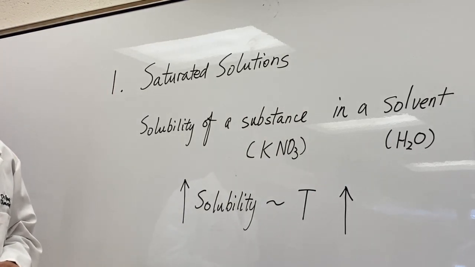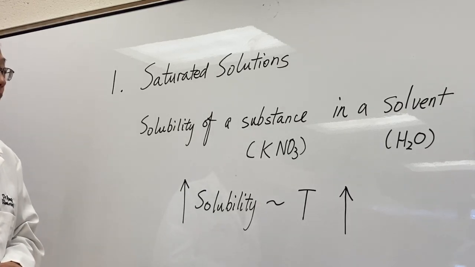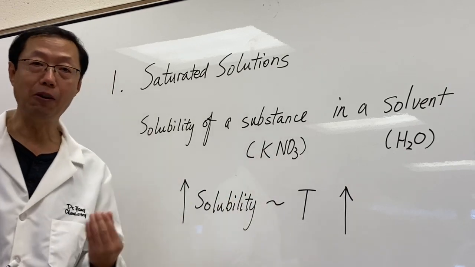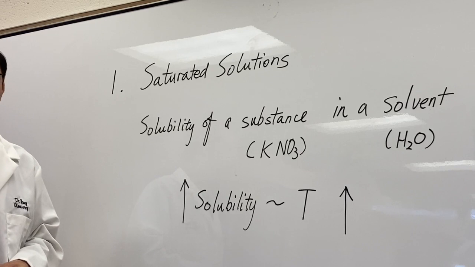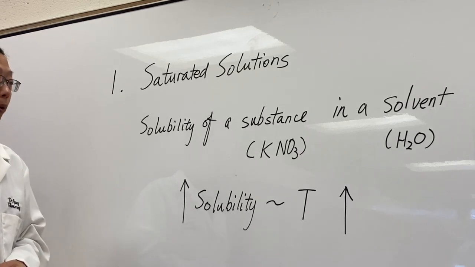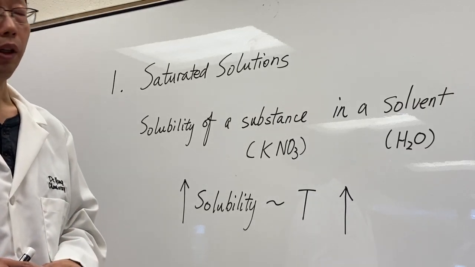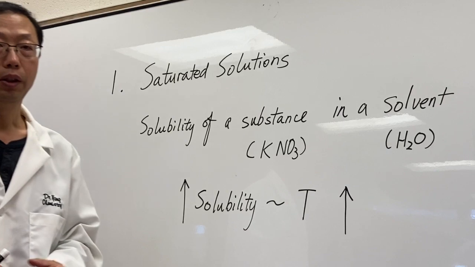After that, we're going to cool the solution down and observe if the potassium nitrate will precipitate out from the solution at low temperature. When we do that, you have to make your observations, record them, and explain them.